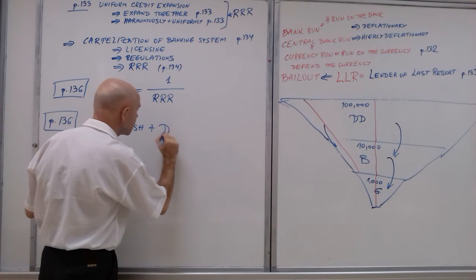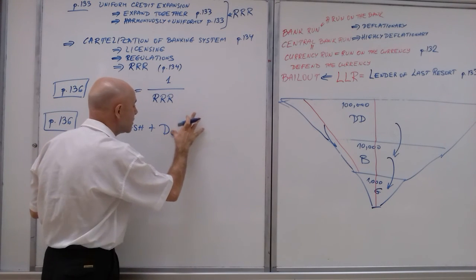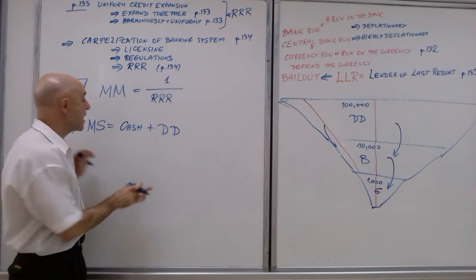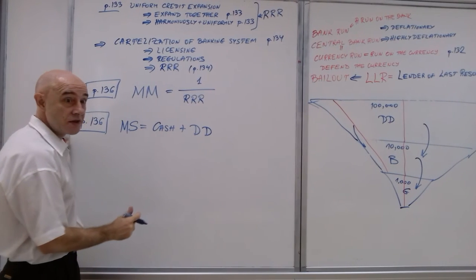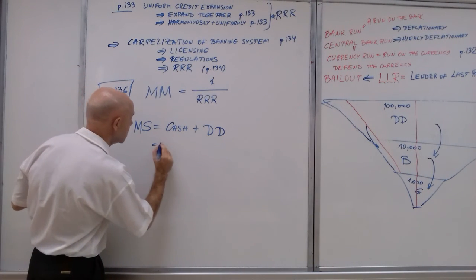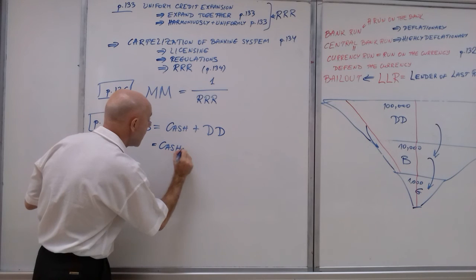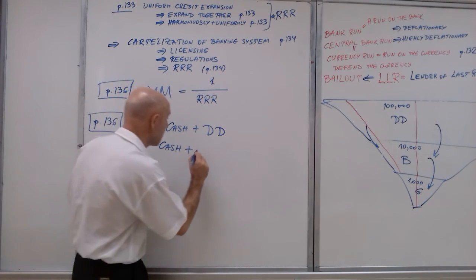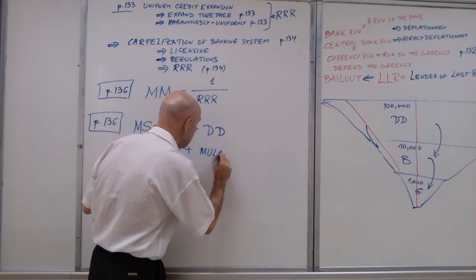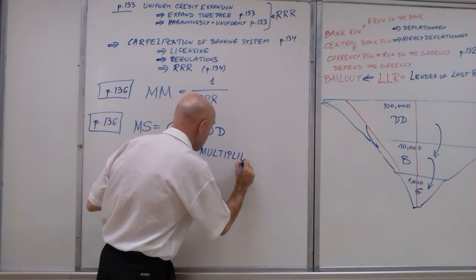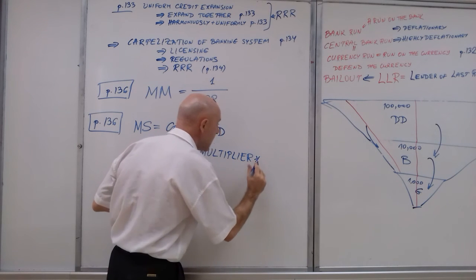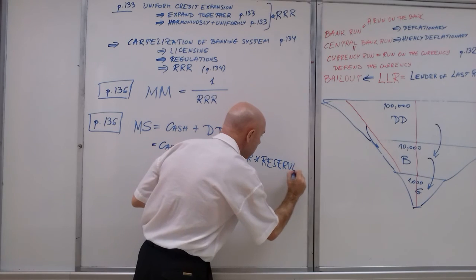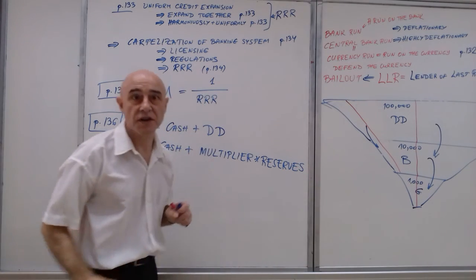cash plus, okay, let me write it short. Demand deposits, which is cash. Now, what is the demand deposit? It will be the multiplier multiplied by reserves.